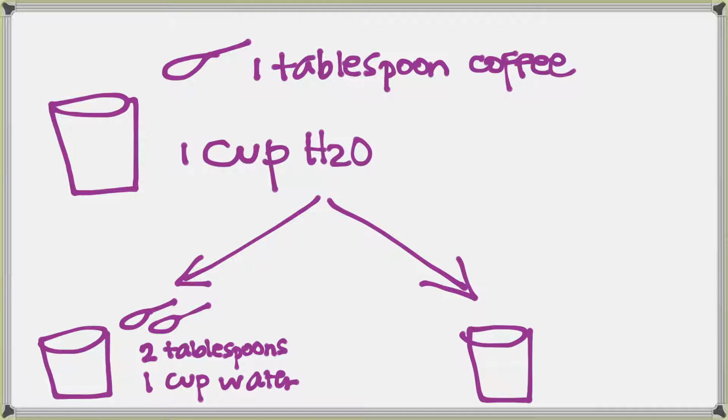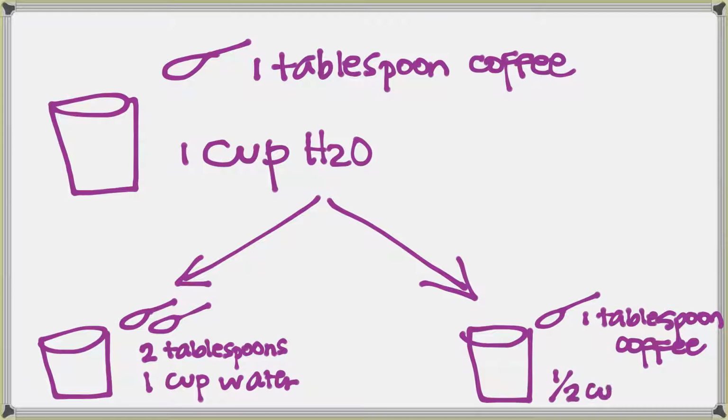So we can just use 1 tablespoon of coffee, and instead of 1 cup, we can just use half a cup of H2O. So again, to make coffee stronger, either we add more coffee, or we can just reduce the water.